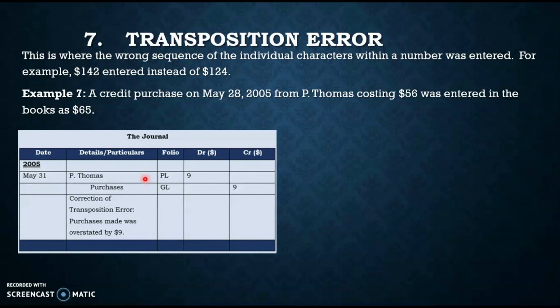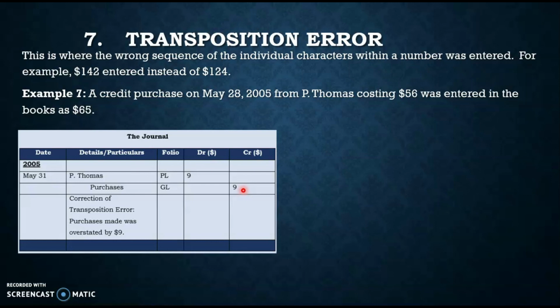Purchases was already debited with $65, an excess of $9. So in order to bring it back to the $56, we'll have to do the correction on the opposite side. So P. Thomas, we put the $9 on the debit side to take it from the 65, and purchases we credit with the $9 to also take it from the 65 to get $56.